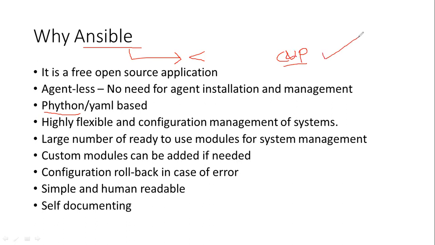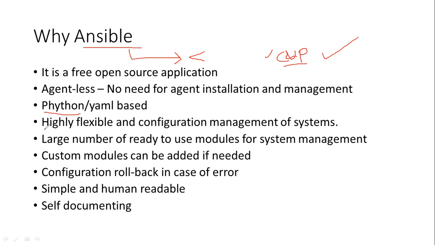Because Chef and Puppet are Ruby-based, it requires some overhead to install on your system before you actually install Chef and Puppet. Whereas in Ansible's case, Python and all these libraries will already be there in the Linux distributions.